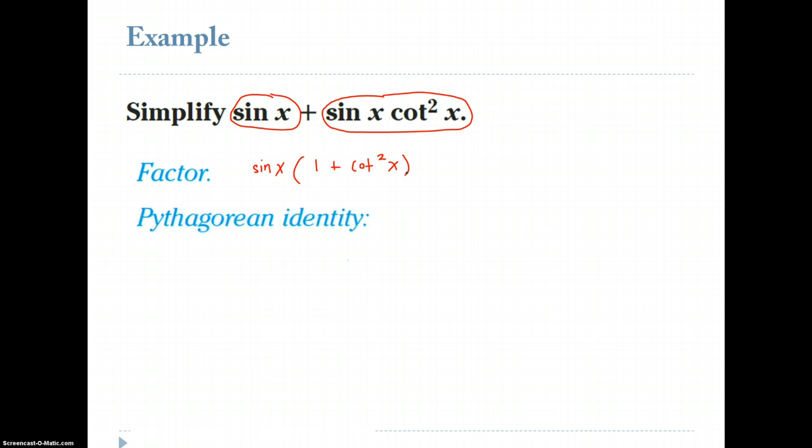Now I'm going to notice, hopefully, that this is part of a Pythagorean identity. 1 plus cotangent squared x is going to be equal to the cosecant squared x.